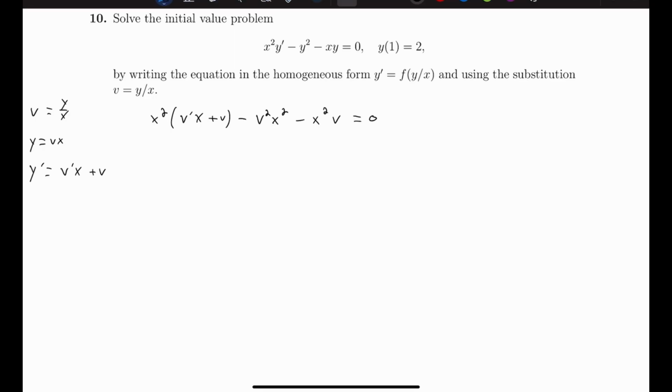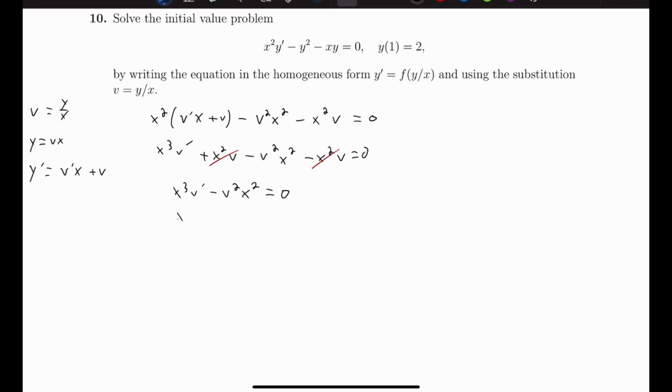Multiply this out, we'll get x cubed v prime plus x squared v minus v squared x squared minus x squared v equals 0. These two terms cancel out, and we're left with x cubed v prime minus v squared x squared equals 0.